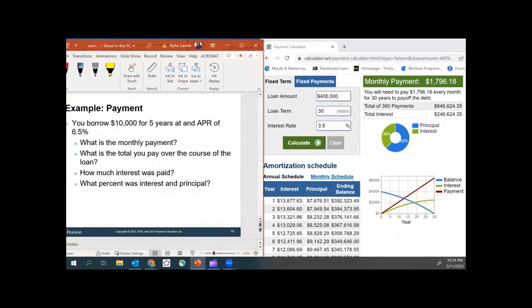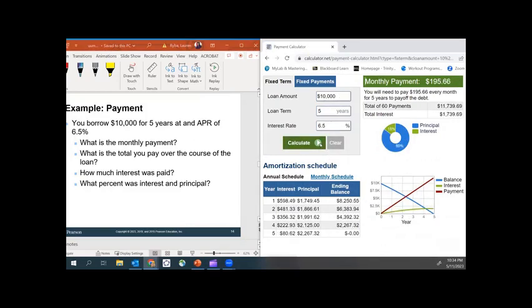Let's do this one. You borrow $10,000. We'll change that to 10,000 for 5 years at an annual rate of 6.5%. And we want to find all the same things here. So our monthly payment in the green box is $195.66.